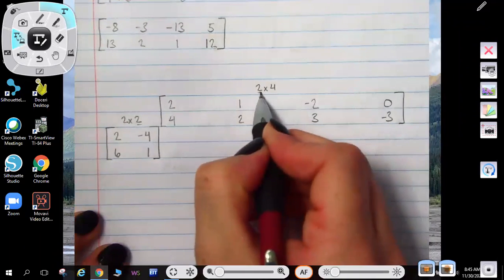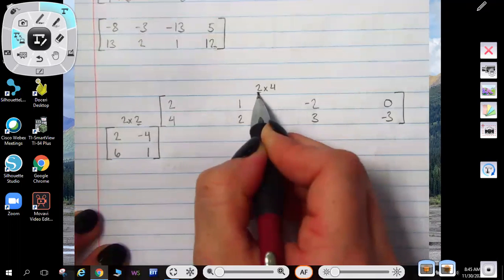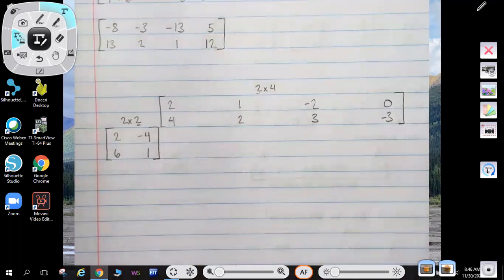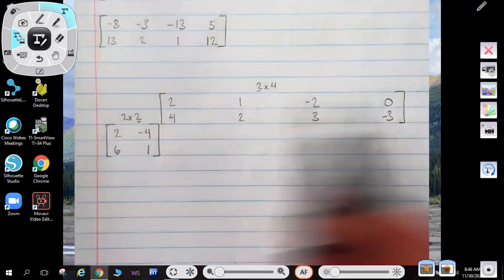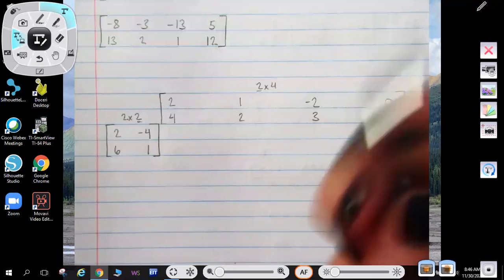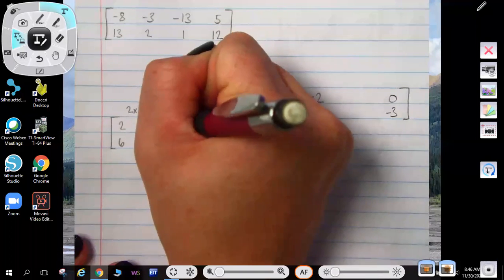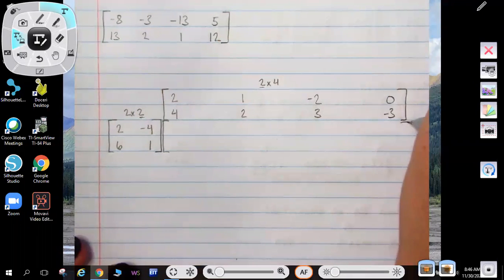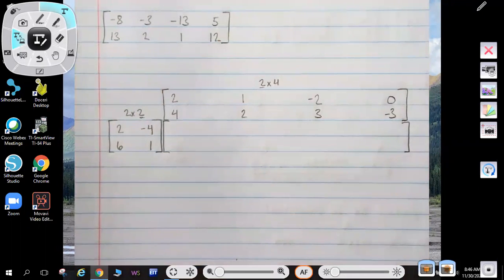The inner numbers match. So this is almost the exact same problem that we just worked, a 2 by 2 times a 2 by 4. I've just set it up differently. So what's going to happen is our answer is going to fit right in this empty section.